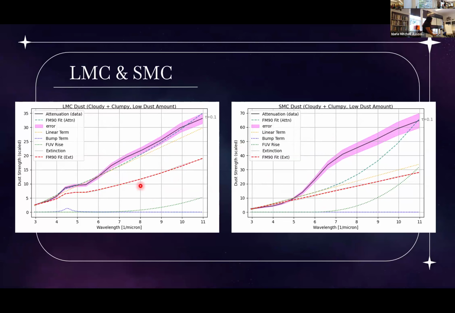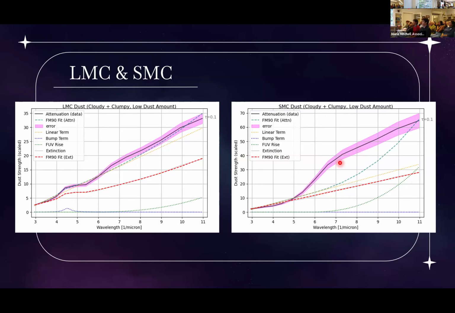The LMC here is not getting all of the shape of the curve. The fitting of the FM90 model is trying to get the bump and the slope simultaneously, but it just can't, it's breaking down. And then when we go to the SMC, it just doesn't fit it at all.